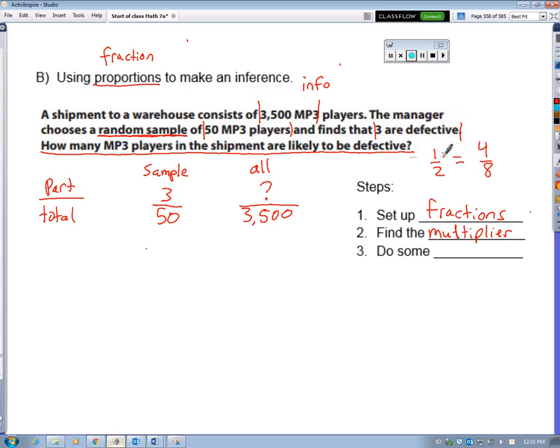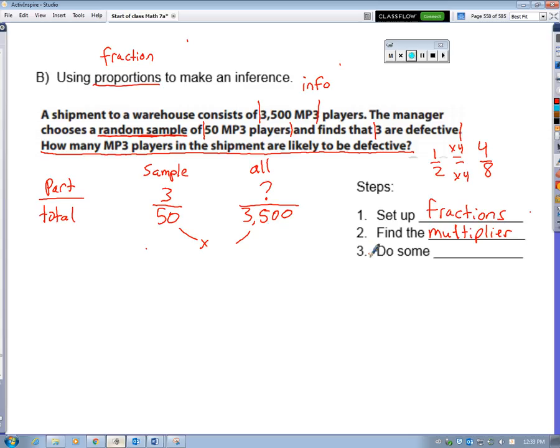And 1/2 is being multiplied by 4 to get 4 over 8. So we're just going to set up equivalent fractions. We're going to figure out what the equivalent fraction is for 3 over 50 on this side. So we just have to find the multiplier. What are we going to multiply 50 by to get 3,500?